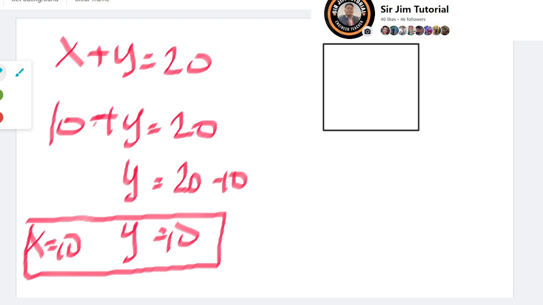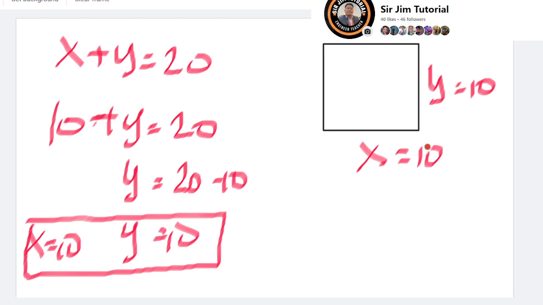Let's conclude this one. Let's analyze: when you have a square, that gives you the maximum area for a perimeter equal to 40. This is 10 and this is 10. In other words, it's just like you want to calculate a portion of land, or a land that will give you a maximum area.